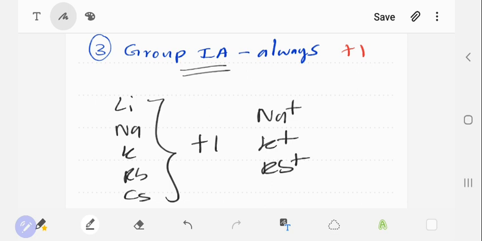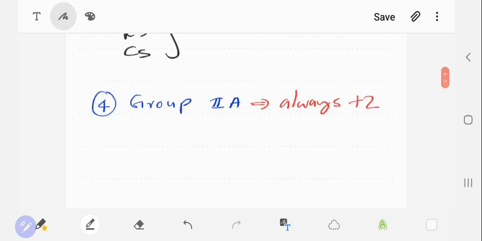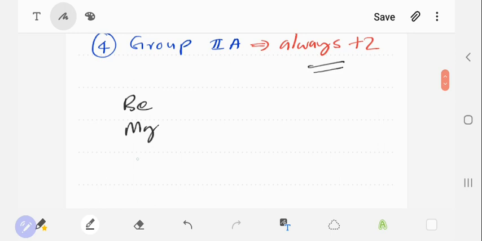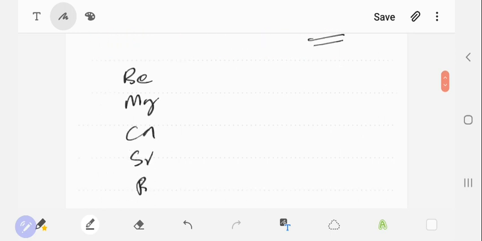Fourth, group 2A, always +2. What are the elements in group 2A? Beryllium, magnesium, calcium, strontium, barium.